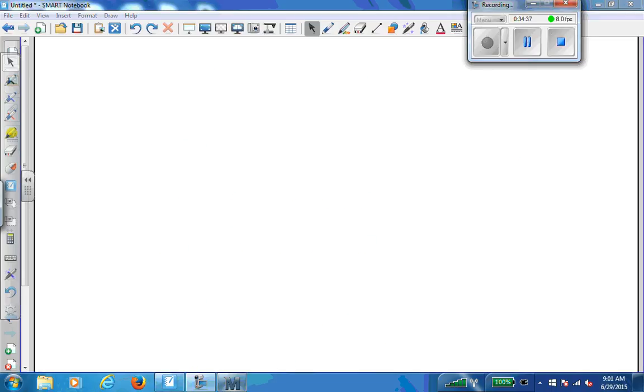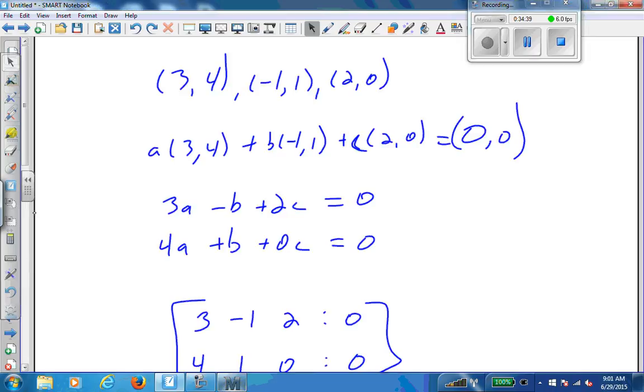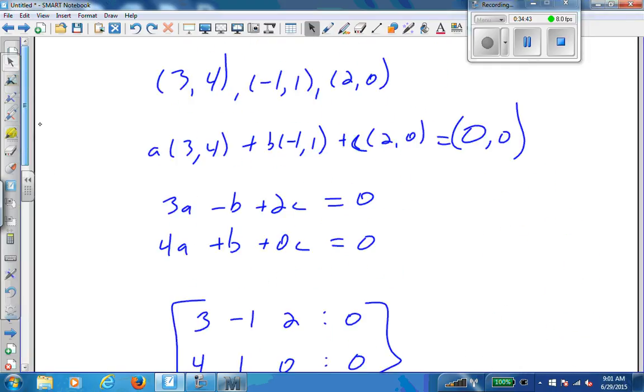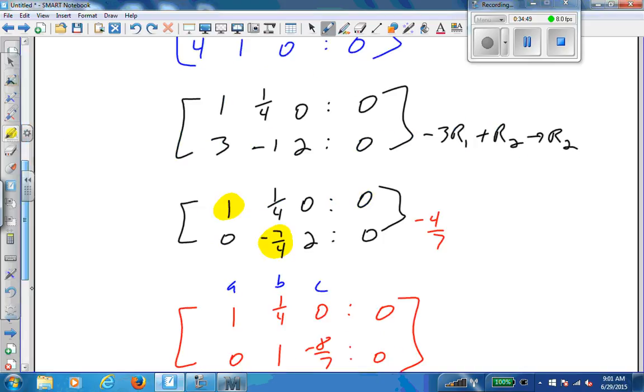So I guess let's just go back real quickly and let's illustrate that. In fact, we can take two of these vectors and write them as a linear combination of the other one.